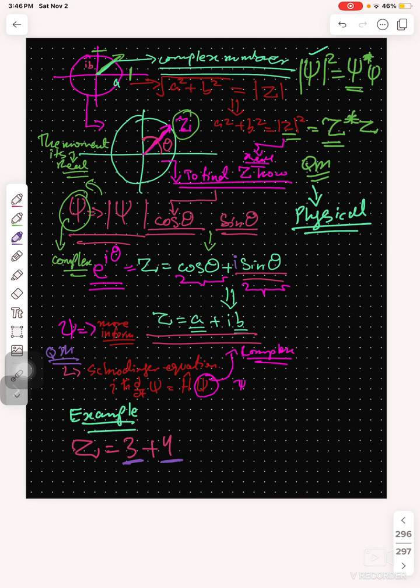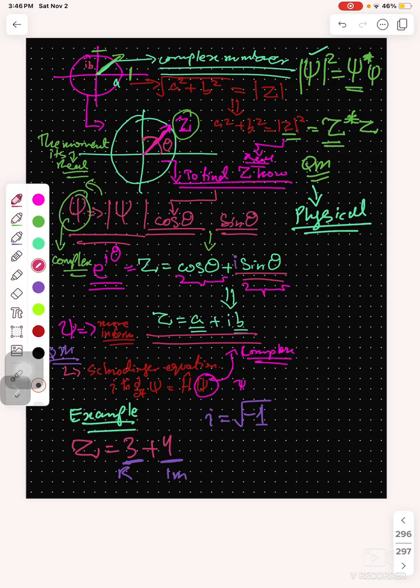So 3 is the real number and 4 is the imaginary number, where i is the imaginary unit. This over here is nothing but a magnitude.